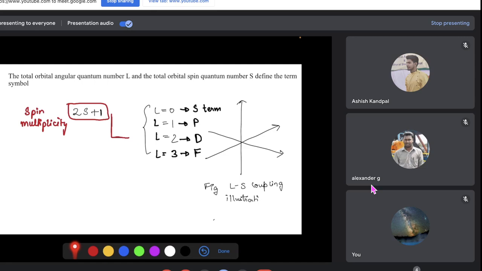A high multiplicity value will give low energy.